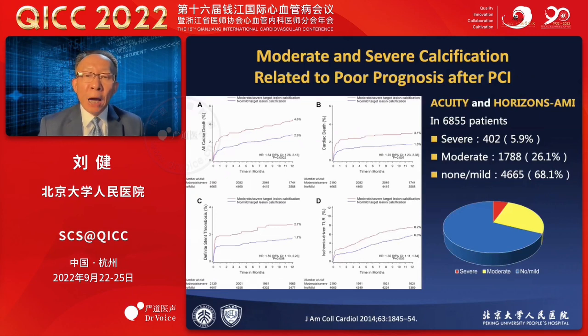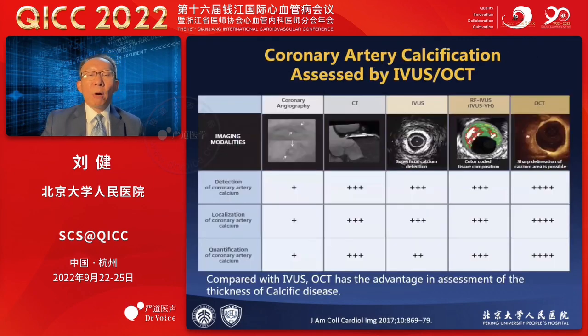For the moderate to severe calcification, this will lead to the prognosis of the PCI. This is the ACUITY and HORIZONS-AMI. It shows that for the unstable plaque patients, there is a high percentage of the patients who are concomitant with severe or moderate calcified lesions.